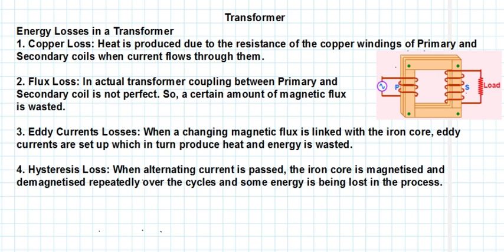So this iron core of the transformer is in a magnetic field, and this changing magnetic flux will repeatedly magnetize and demagnetize this iron core, and this continuous magnetization and demagnetization will lead to an energy loss which is called hysteresis loss. In the previous class we have already learned about the magnetic hysteresis loss. So these are the different modes of energy loss in the case of a transformer.